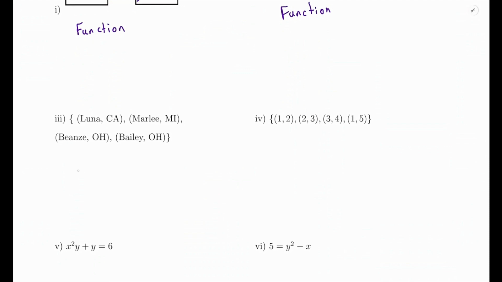Part 3 is a function as well. Each input goes to one output. Notice how this has the same output. That's okay for a function, as long as this input only goes to one output. Same for that input.